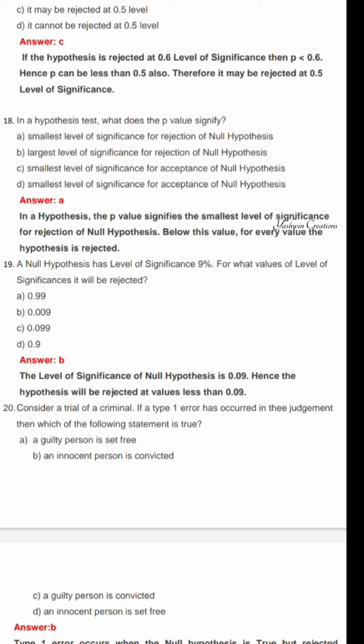If you observe the four options, 0.99 we cannot consider. 0.009 is less than 0.09, so we should consider that. The answer is B, because the other is greater. The p-value is 0.09, and it should be less than that.